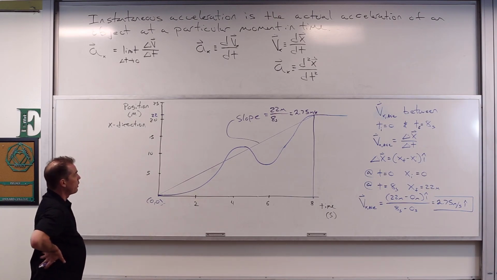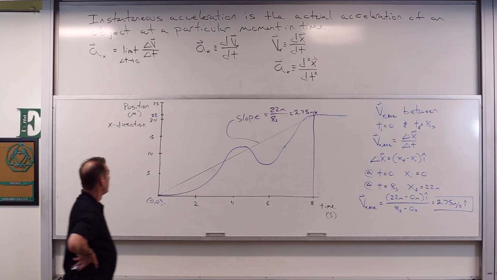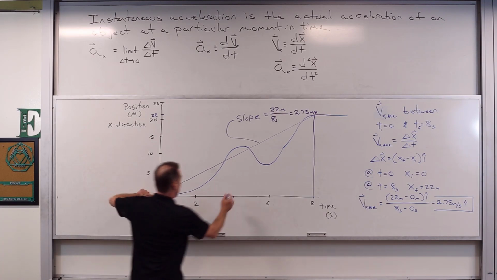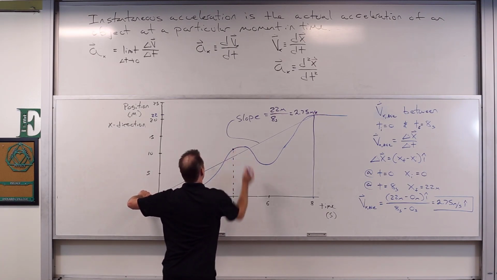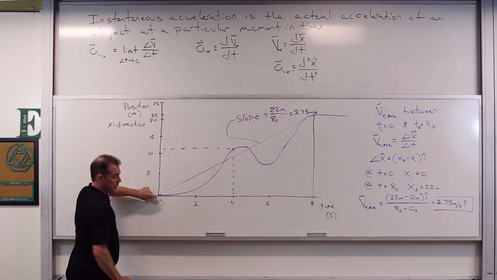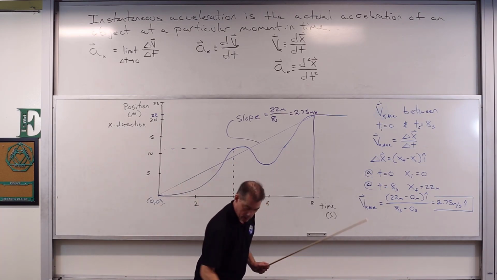Well, what happens if we want to know what the average value is between some other time intervals? Like, let's say, between 0 and 4 seconds. There's 4 seconds, and we can go ahead and make ourselves another mark on here.